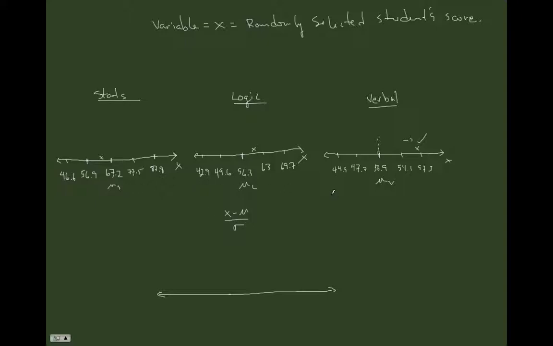Each one of the three different exams had a different mean and standard deviation. But the idea here is that when I put all of those through this same transformation, with different numbers, of course, depending on what the mean and the standard deviation is, all three of those means go to the same place on the new axis I'm creating, which is 0.